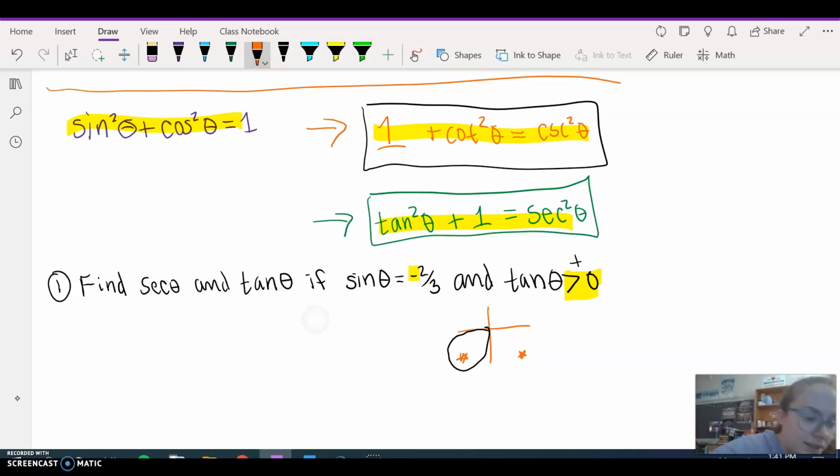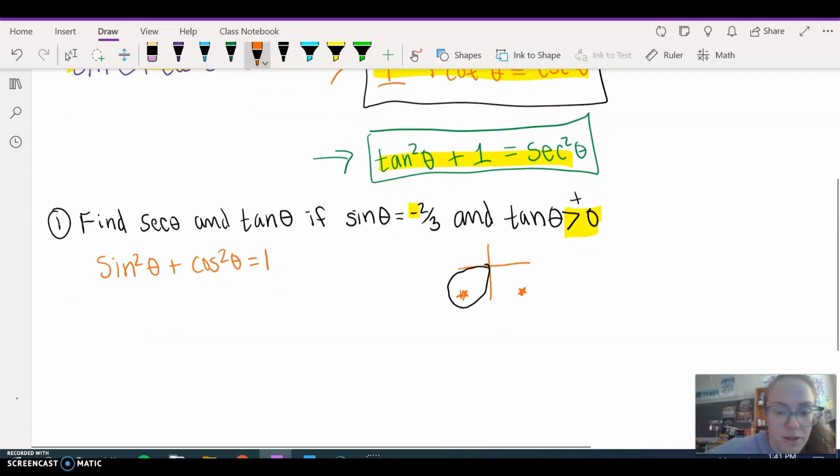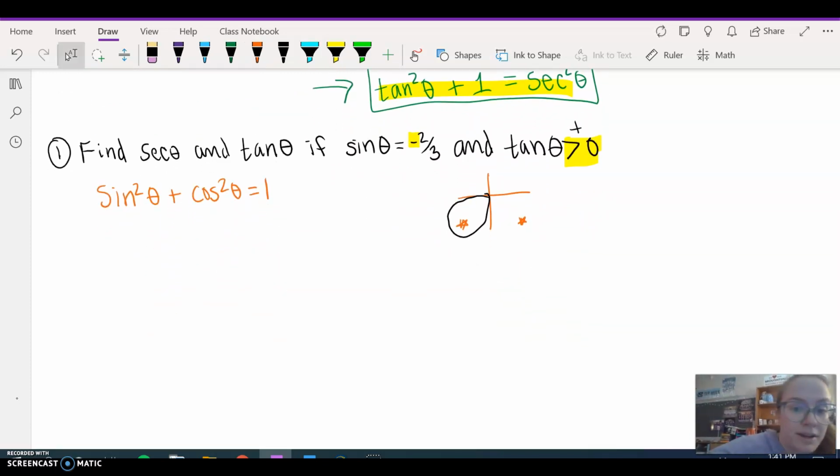So let's plug in. So here's my identity, sine squared theta plus cosine squared theta equals 1. So I'm going to plug in what I know. Sine is -2 over 3, and I'm going to square it, plus cosine squared theta equals 1. So we're going to figure out what cosine is.